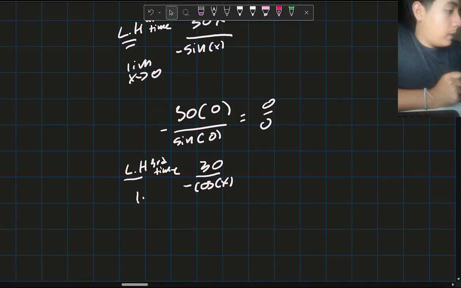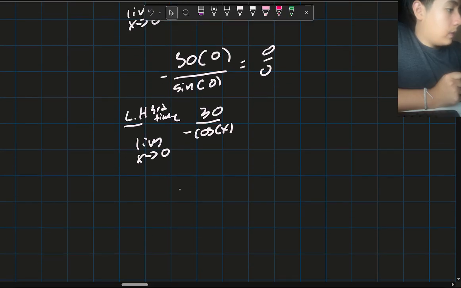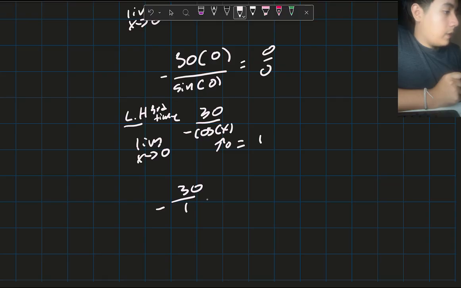Applying our limit as x approaches 0, we'll get 30 over negative 1, because if we apply 0 there, cosine equals 1, giving us negative 30. And that's our answer.